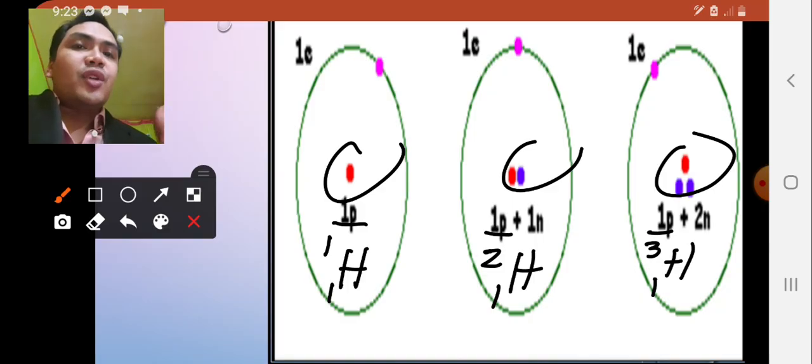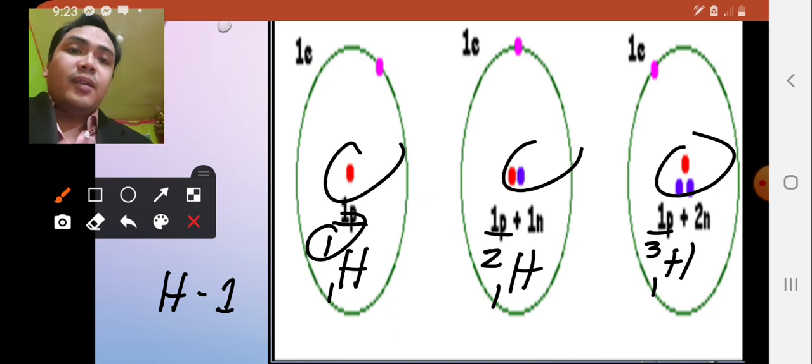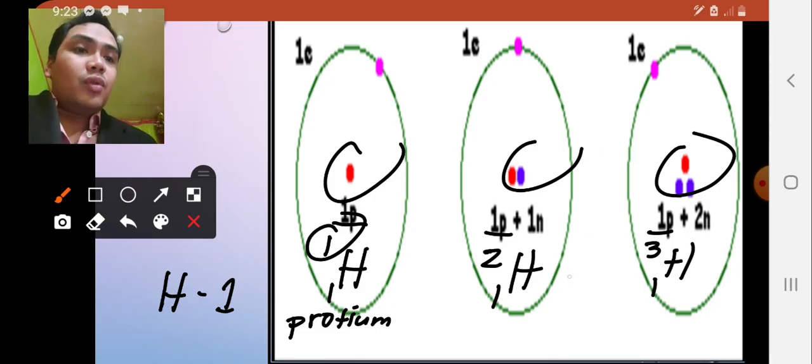Did you know that the isotopes of hydrogen have their respective, or corresponding, names? This will be hydrogen 1 because the mass number is 1, and its name is protium. On the other hand, the hydrogen atom which has a mass number of 2, also known as hydrogen 2, is known as deuterium.